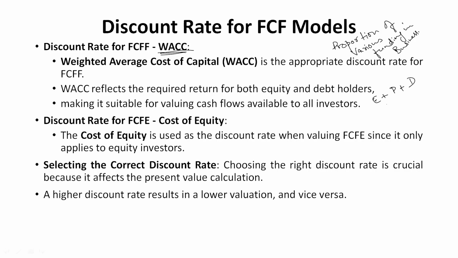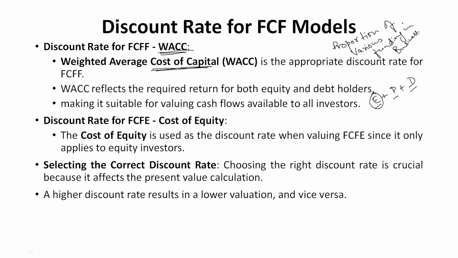And in weighted average cost of capital, what does it mean? First thing, you should understand cost of capital. What do you mean by cost of capital? For any type of capital fund, this has a cost. Why does this have a cost? Because equity shareholders are giving money to the company with the expectation to get a certain amount of return.